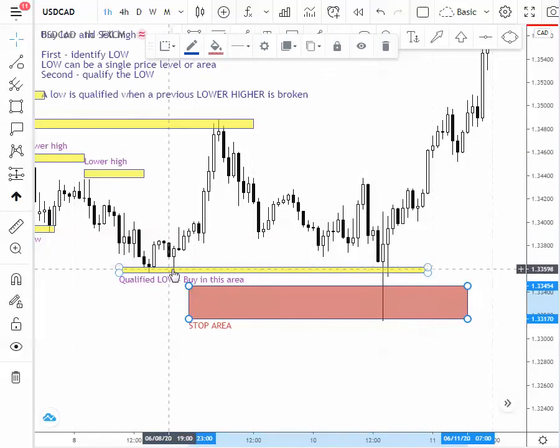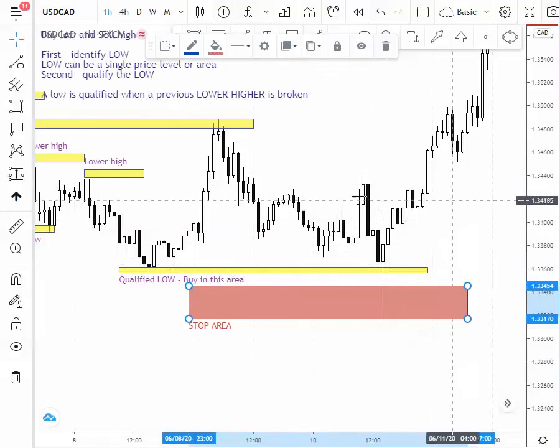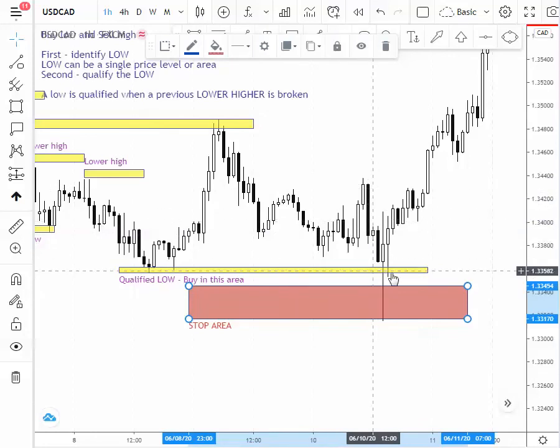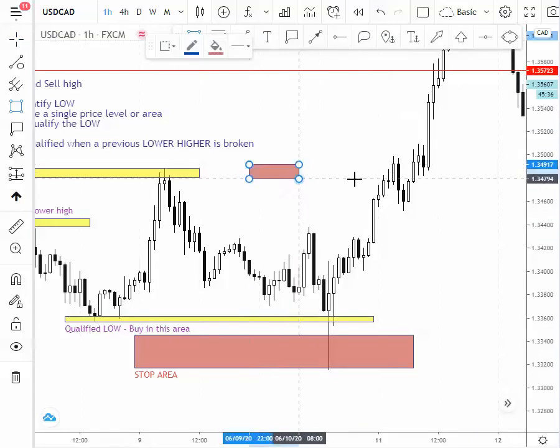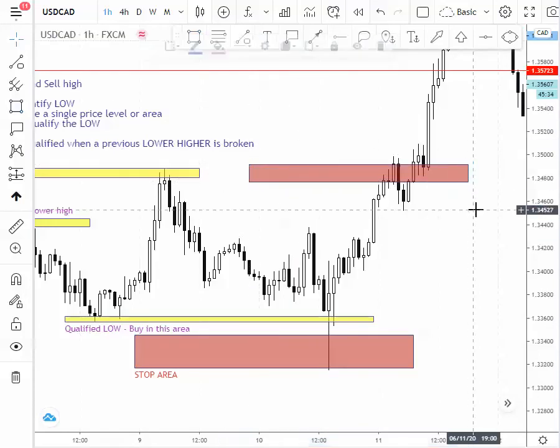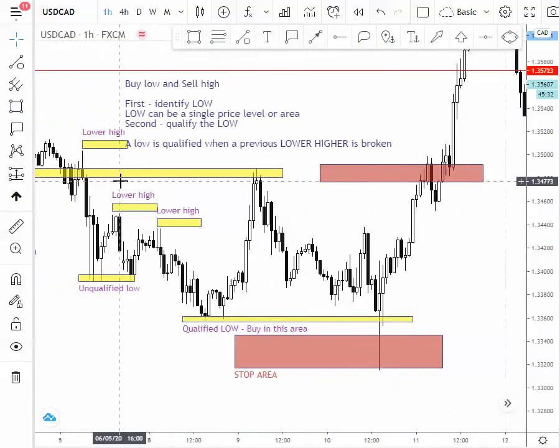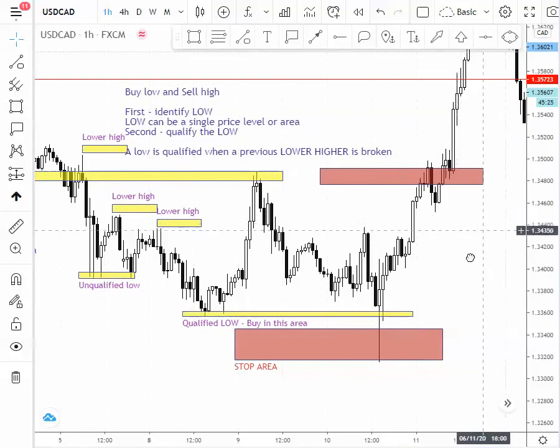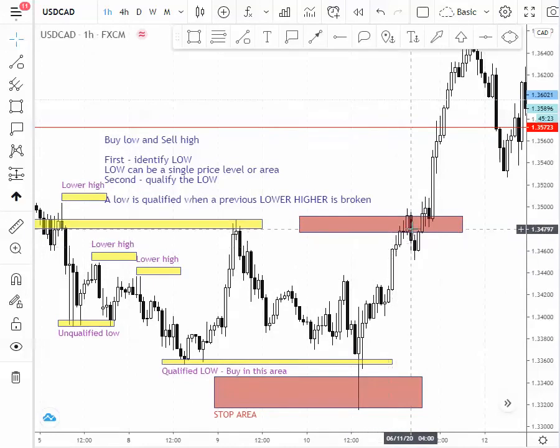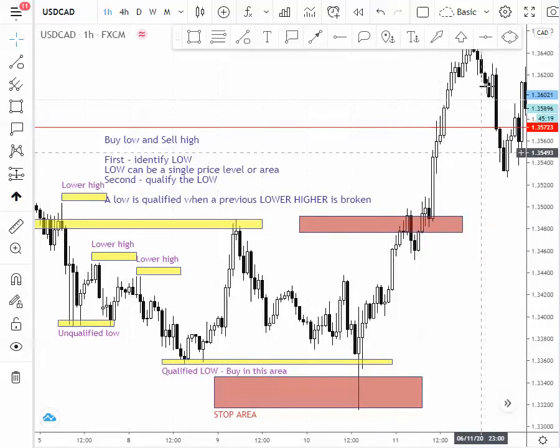But fortunately, in this case, the setup worked. I've got a qualified low. As price comes into that, because I have a qualified low, I want to buy low, and I'm looking to sell high. Obviously, we could easily put this as a target level, because that's where the lower highs were taken out from. You can see price went up to there, and if we were doing multiple lots here, 1 or 2, maybe 3, we could take off 1 lot here, maybe 2 if it was 3, and then let the last one run.